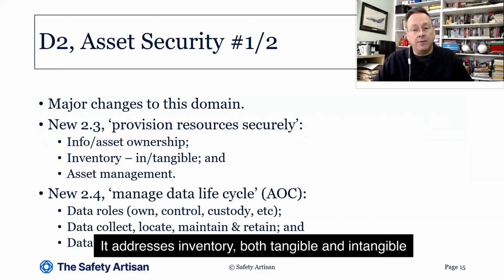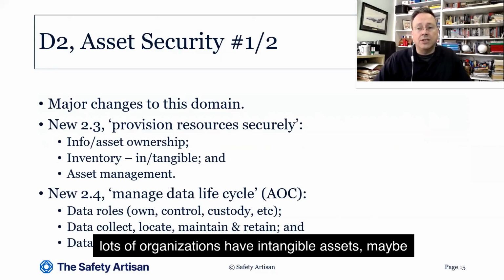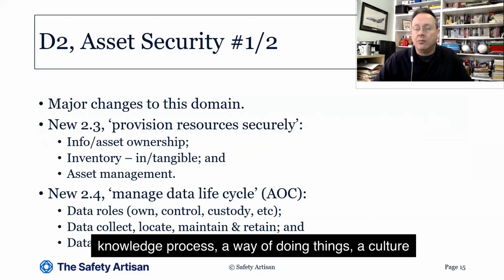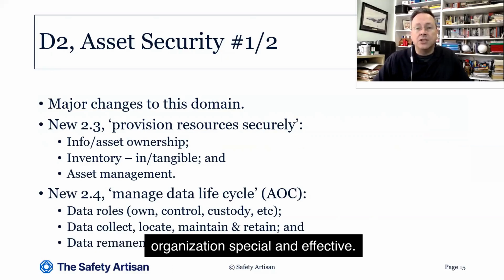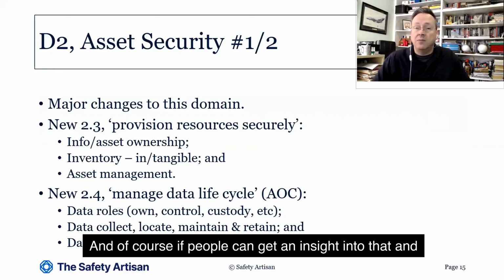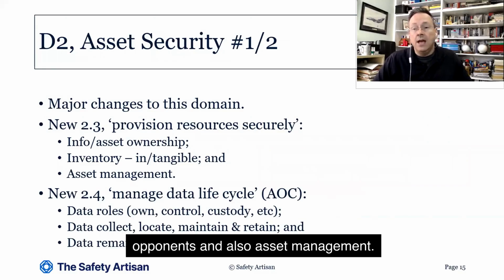It addresses inventory, both tangible and intangible things, and that's an interesting point, I think, because lots of organizations have intangible assets, maybe knowledge, process, a way of doing things, a culture that is part of the secret sauce of what makes that organization special and effective. And of course, if people can get an insight into that and steal it or copy it, that could be useful to your rivals or opponents.